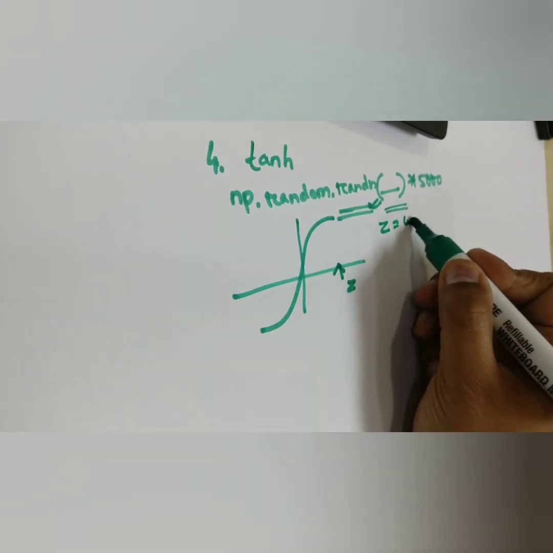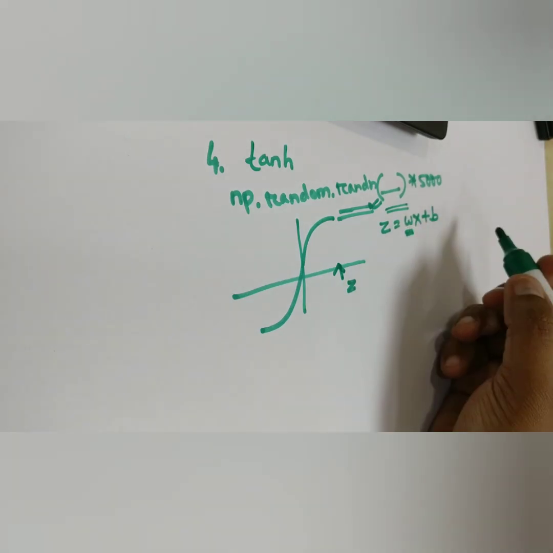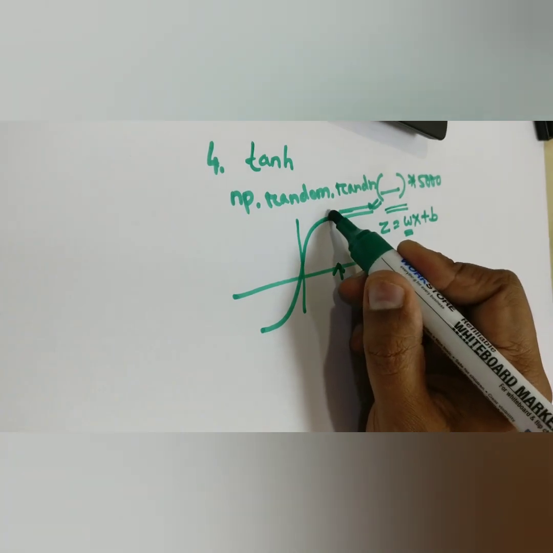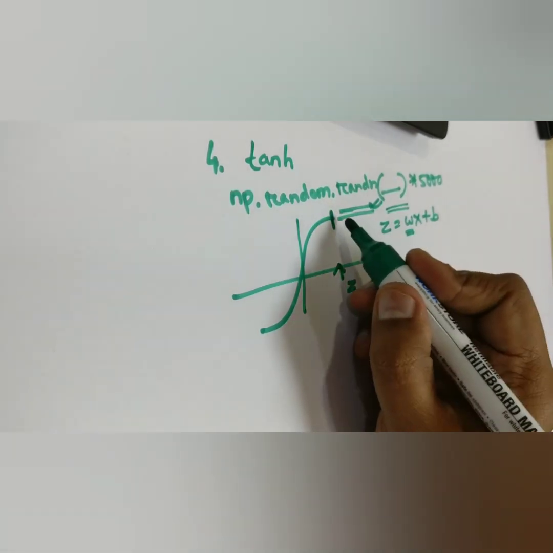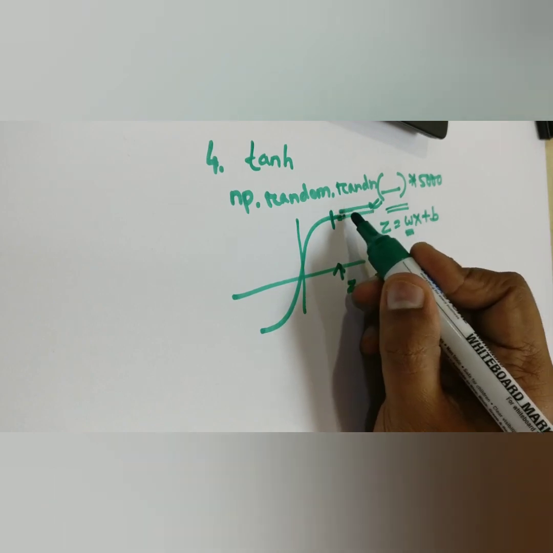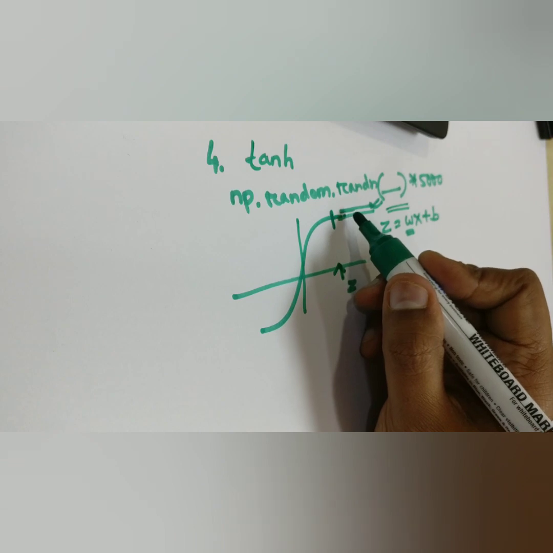Why? Because z is related to w like this. If your w is high, your z is going to be very high. So this value is going to be very high, and as a result you can see this slope is nearly 0, not exactly 0, but very close to 0.